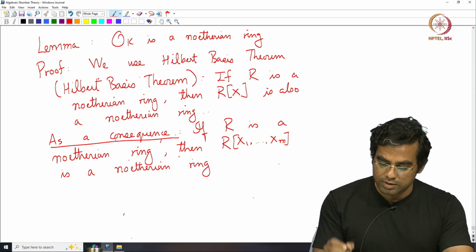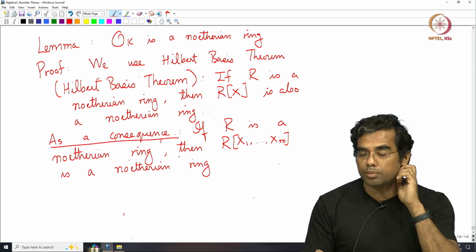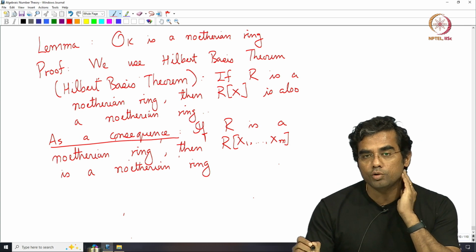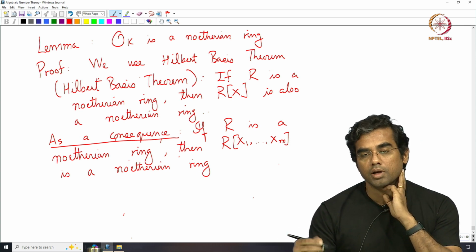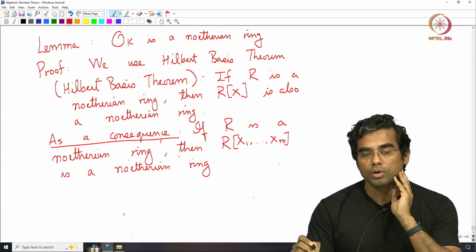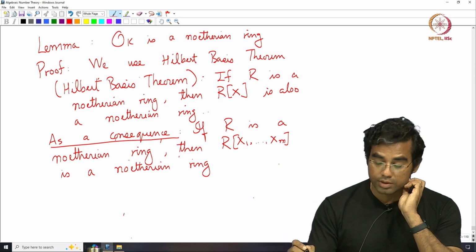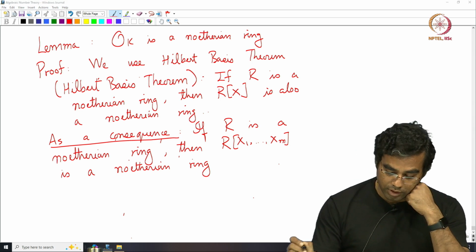Right. So, that is the first consequence, because I can just apply the Hilbert Basis theorem to R[x1], which is Noetherian by the Hilbert Basis theorem, and I adjoin another variable x2, and so I get R[x1, x2] is Noetherian, etc. Right. So, I can add any finite number of variables.